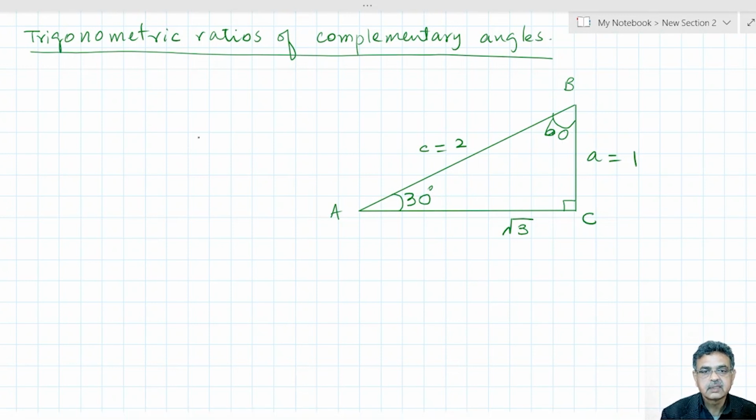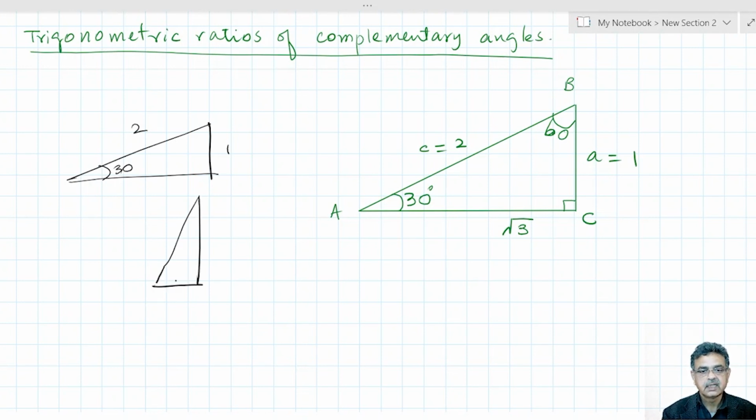Whenever you draw a triangle this way, and this ratio is 1 is to 2, then this angle will be 30 degrees, always opposite to 1, in case the hypotenuse is 2 of a right angle triangle.